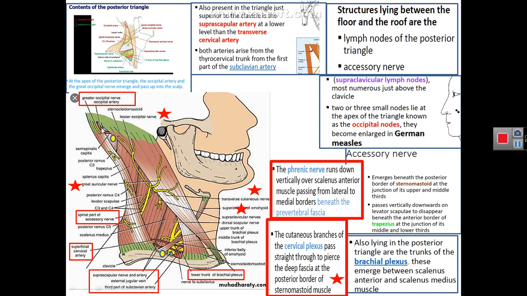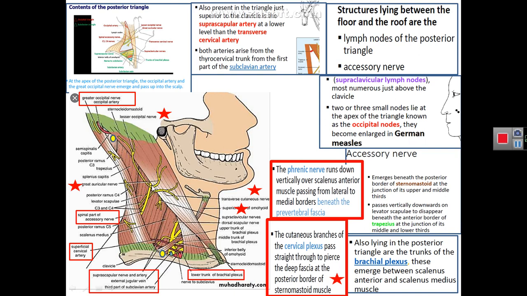In addition to the great occipital nerve, the occipital artery, the occipital lymph node, and the supraclavicular lymph node, accessory nerve, as I said before, the superficial fascia contains 4 cutaneous nerves supplying the side of the neck, which are branches of the cervical plexus. These nerves are content of the superficial fascia, and therefore they may be considered as content of the roof of the posterior triangle.